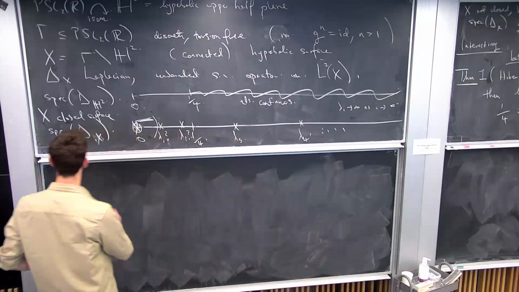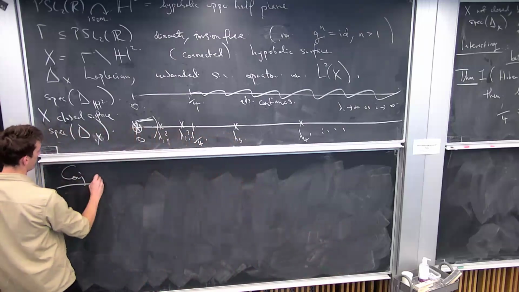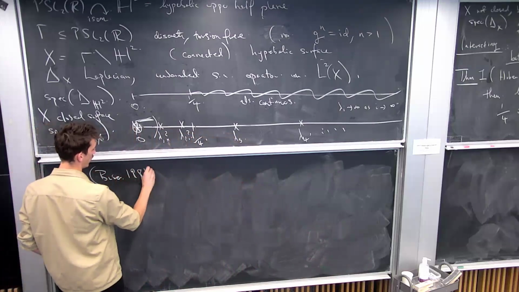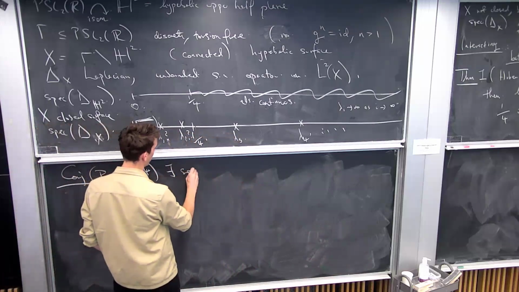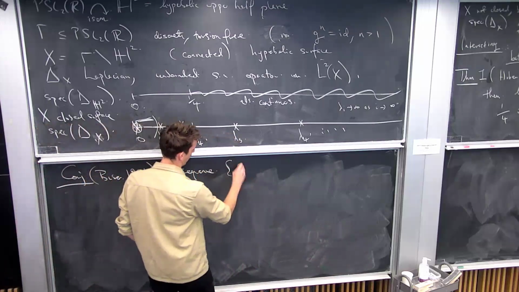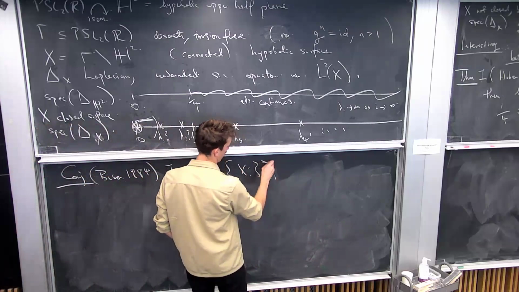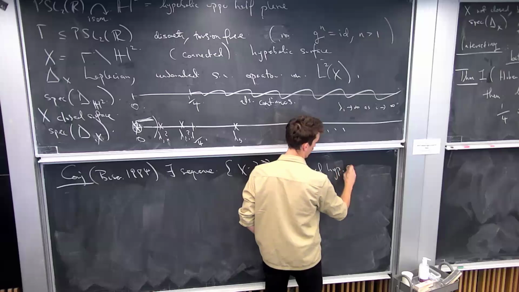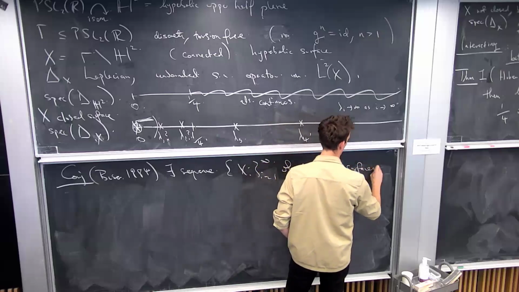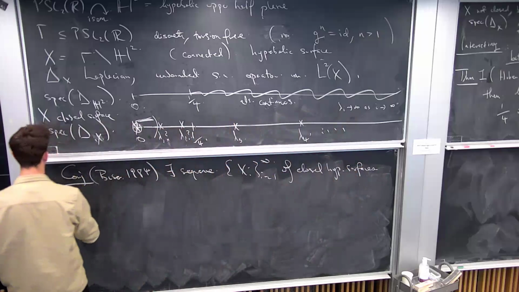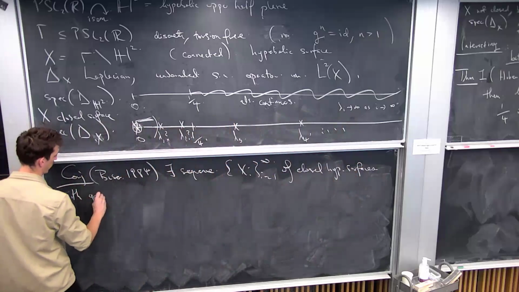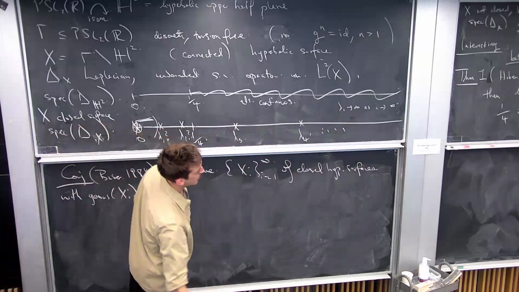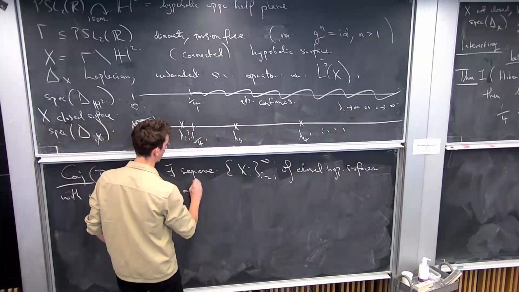Okay, so that was the conjecture of Buser from 1984. He said there exists a sequence X_i of closed hyperbolic surfaces with genus tending to infinity and lambda 1 tending to 1/4.